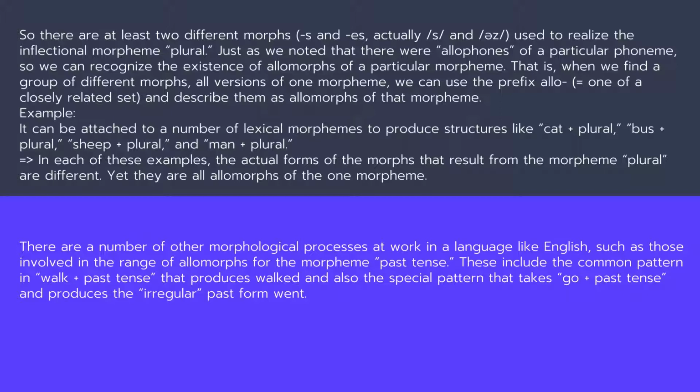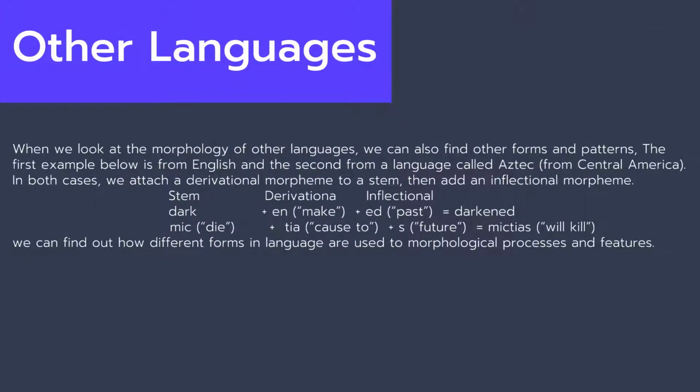These include the common pattern in walk plus past tense that produces walked, and also the special pattern that takes go plus past tense and produces the irregular past form went.